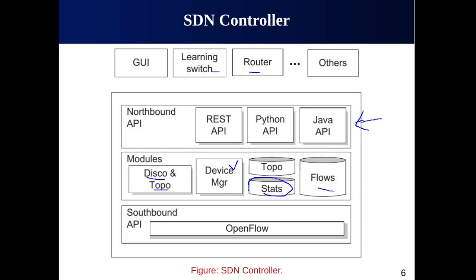These modules need to maintain local databases which contain the current topologies and statistics of the network. The controller also tracks the topology by learning of the existence of the switches, which are the SDN switches, and also the end user devices, and tracking the connectivity between them. So these are some of the modules which are implemented inside the SDN controller.